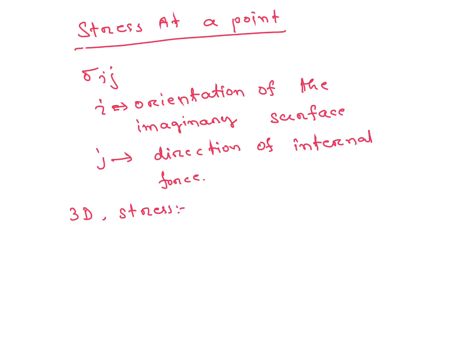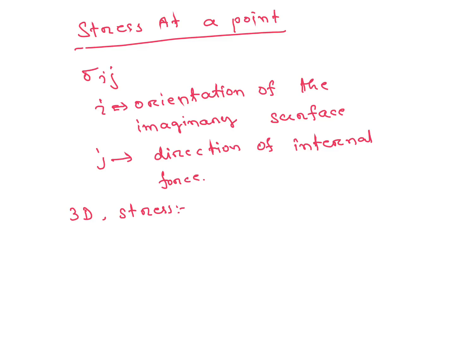Stress at a point is represented as sigma ij. I represents the orientation of the imaginary surface and J represents the direction of internal force.